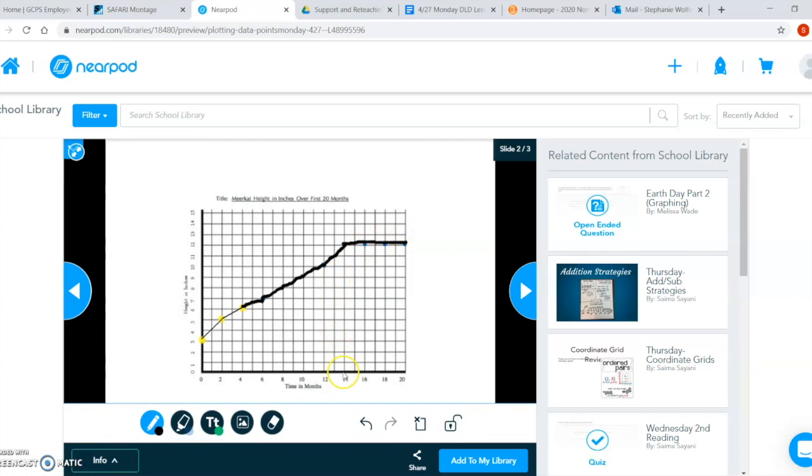So its height from 14 months all the way to 20 months stayed 12 inches. So you can see the height over time is increasing, increasing, increasing until right here at 14 months old, and then it flattens out because it's staying the same. So that's how coordinate grids and graphing ordered pairs helps us solve real-world problems, as we can see the change in those values over time.